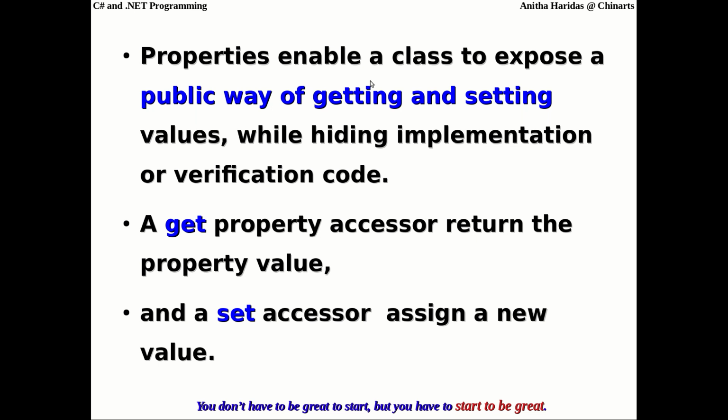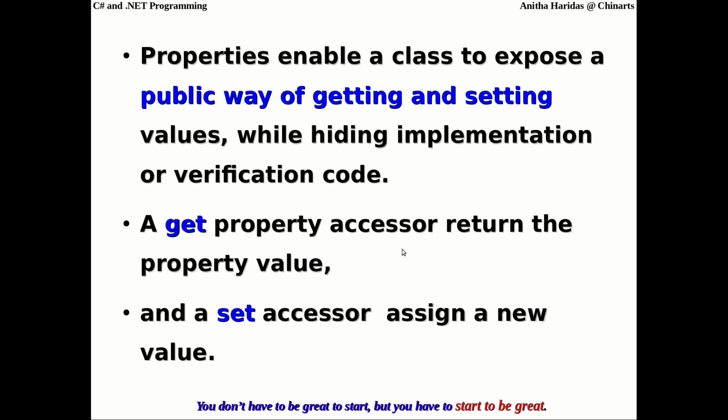So properties enable a class to expose a public way of getting and setting values while hiding implementation or verification code. So you hide the implementation, that means the private data members are hidden, but it is going to give you the data using get and set methods.